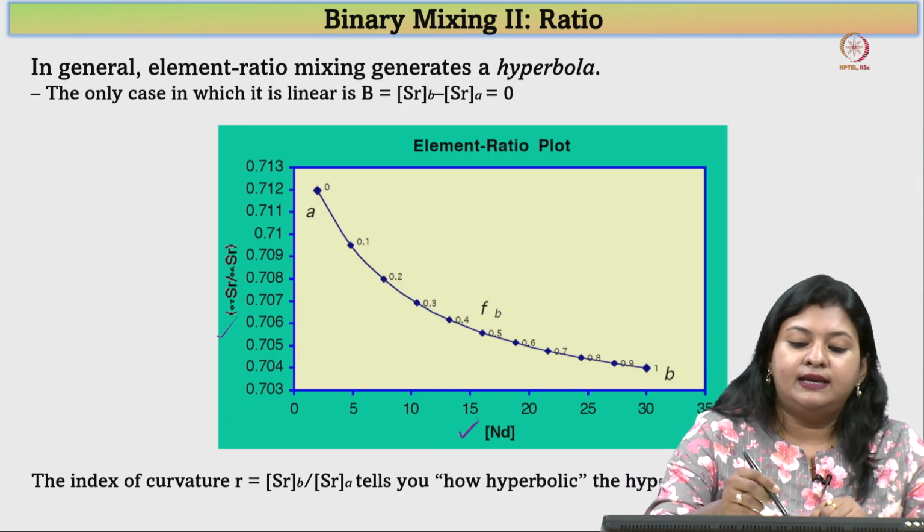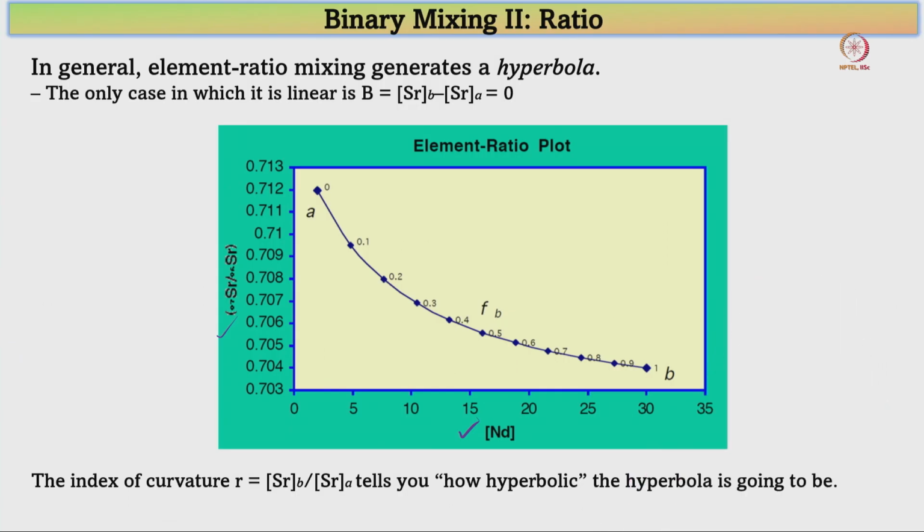So, the only case where this kind of mixing of a ratio and an element becomes linear rather than a hyperbola is when the B term equals 0, right. But it very rarely happens that the B term becomes 0.